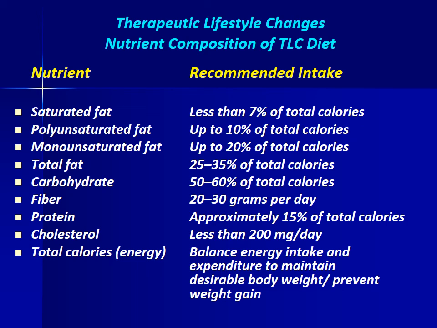Nutrient recommended intake: saturated fat less than 7% of total calories or approximately 10% of total calories, polyunsaturated fat up to 10% of total calories, monounsaturated fat up to 20% of total calories, total fat 25 to 35% of total calories, carbohydrate 50 to 60% of total calories, fiber 20 to 30 grams per day, protein approximately 15% of total calories, cholesterol less than 200 milligram per day, total calories: balance energy intake and expenditure to maintain desirable body weight or prevent weight gain.